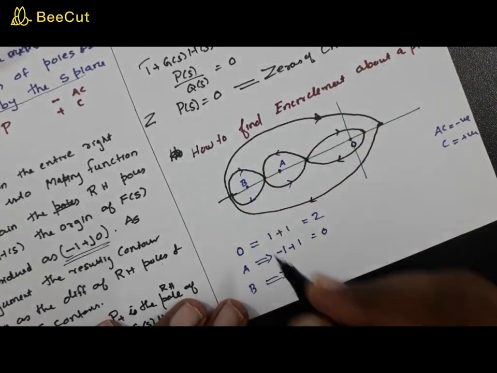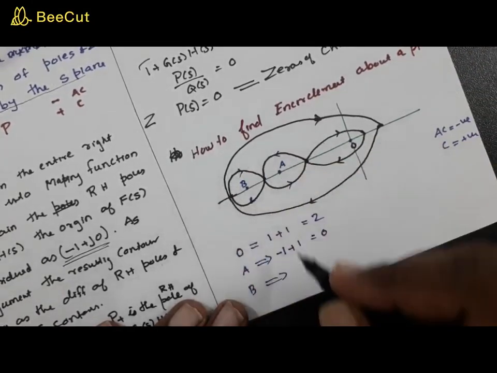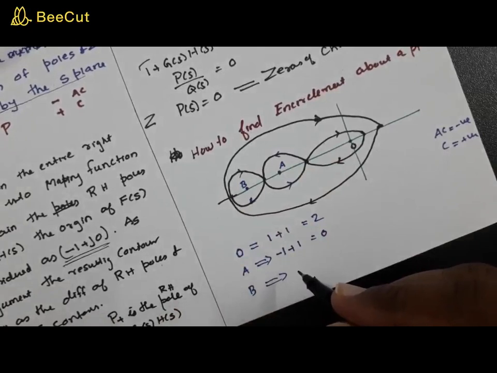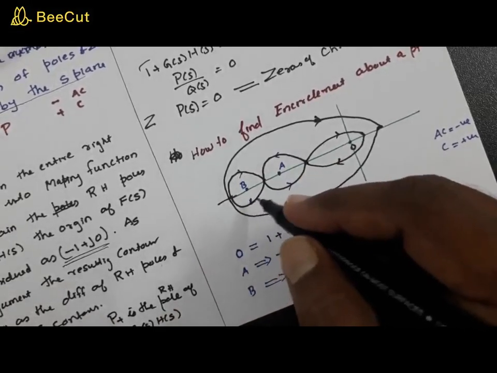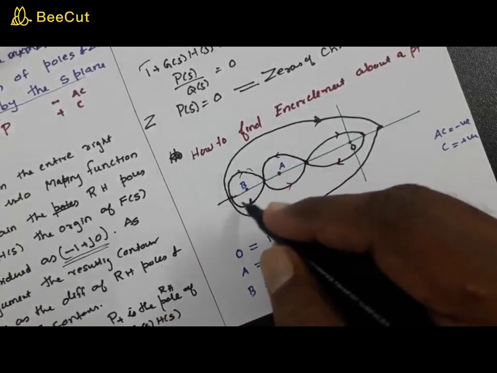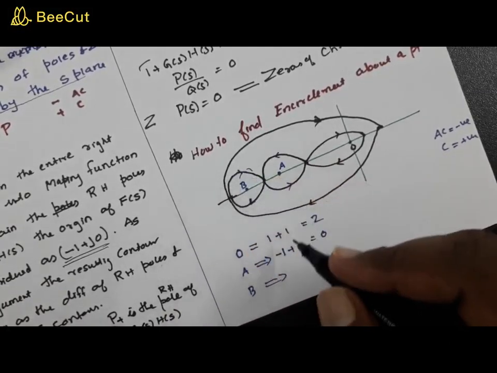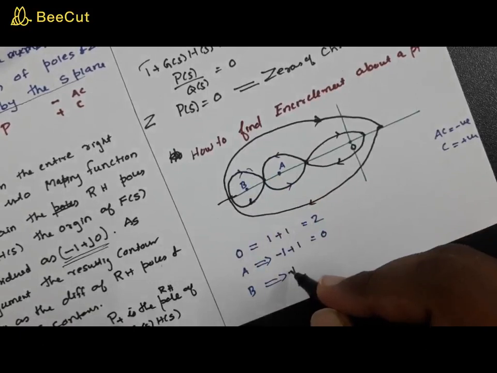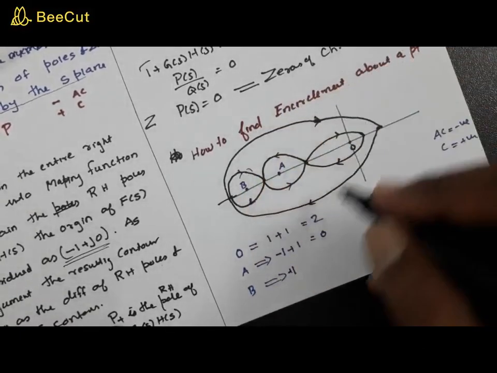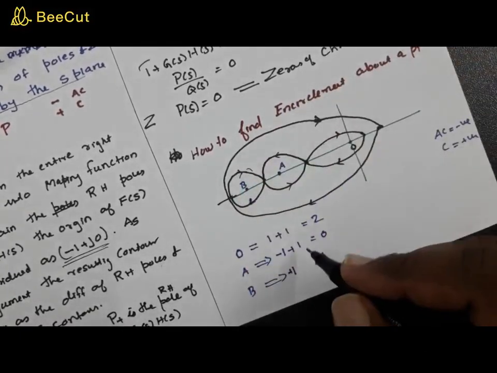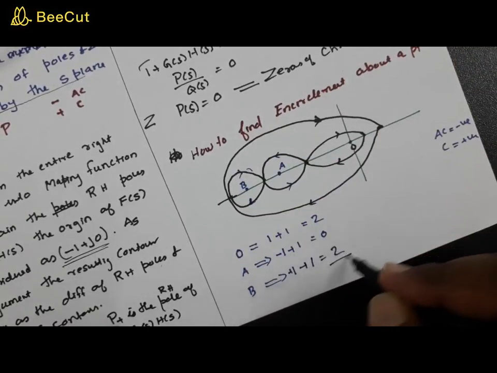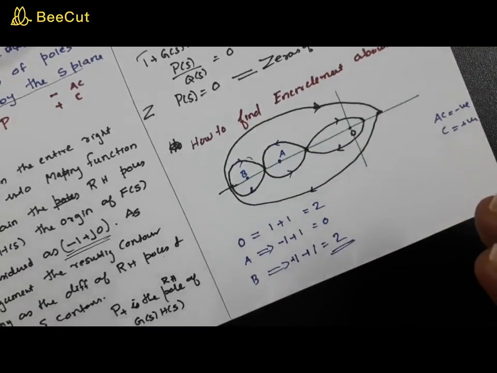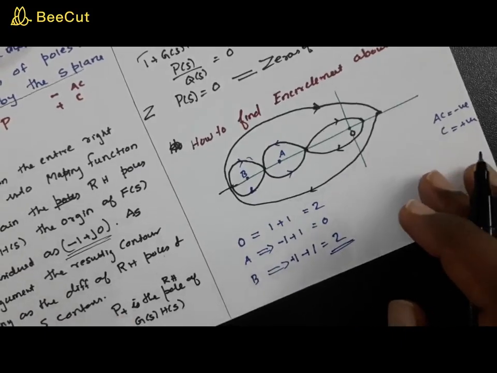Now what about B? B is having a clockwise direction, right? So the encirclement is like this. So you have plus 1, then you have a big encirclement as well, so plus 1, which is equal to 2. So this is how you need to find out the encirclements around a point.